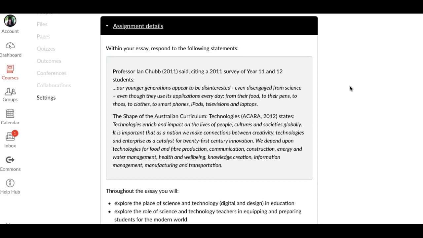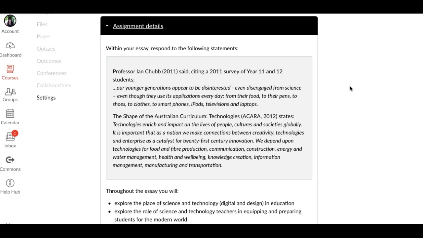The second prompting quote is from The Shape of the Australian Curriculum and the Technology section, developed by ACARA, 2012, and it states, technologies enrich and impact on the lives of people, cultures and societies globally.